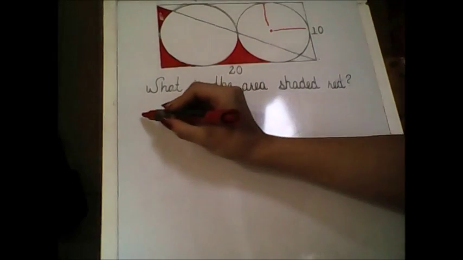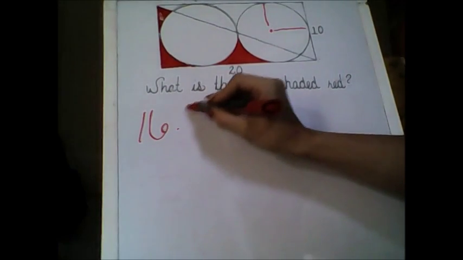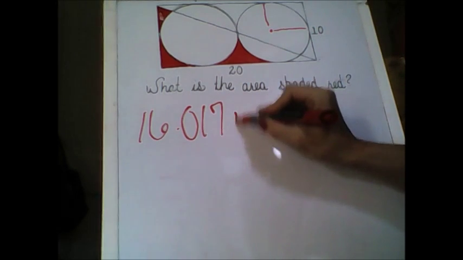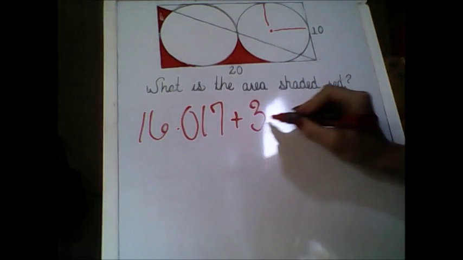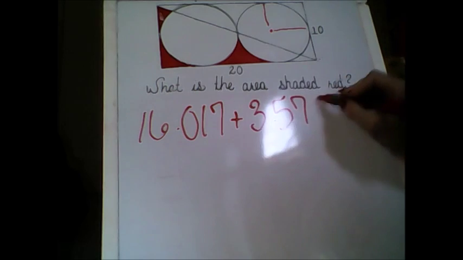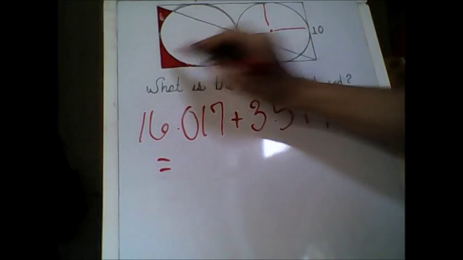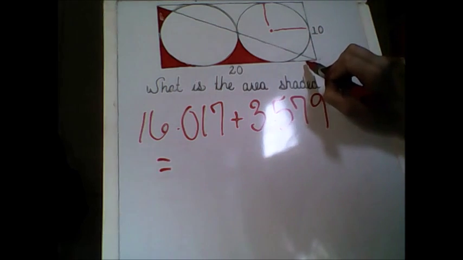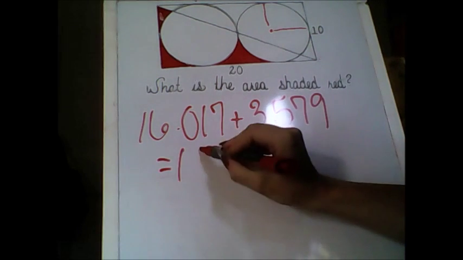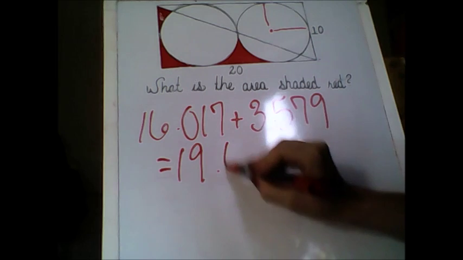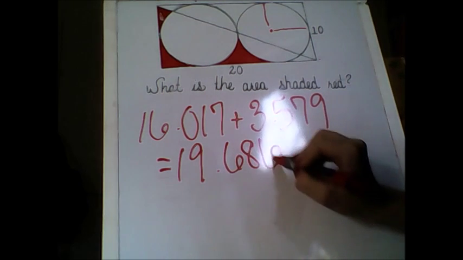All right, so if we have that 16.017 and we add it to the 3.579, it gives us a total of these areas without this as 19.686.